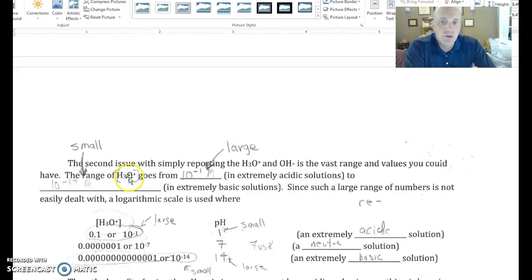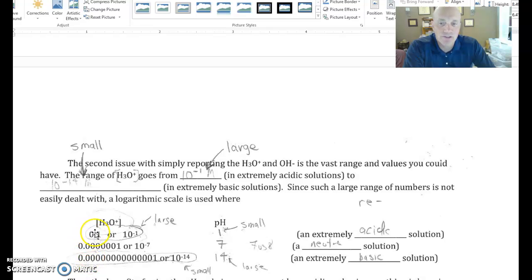When we're talking about how high the H3O+ concentration can be, it goes from anywhere from 10 to the minus 1, which is 0.1, to 10 to the minus 14th, which is this number right here. You would have to move the decimal 13 times to go from one of these numbers to the other.